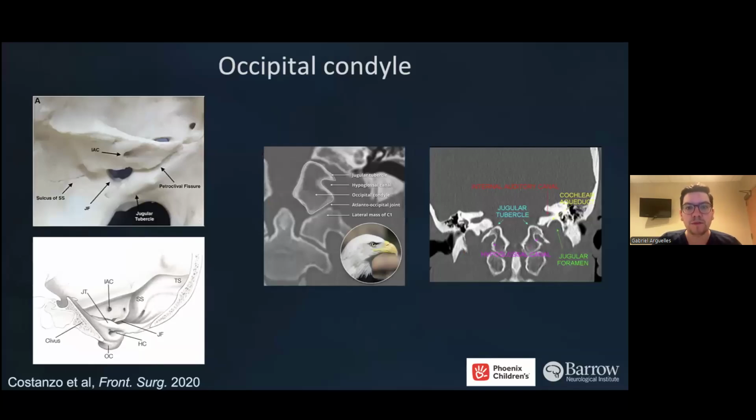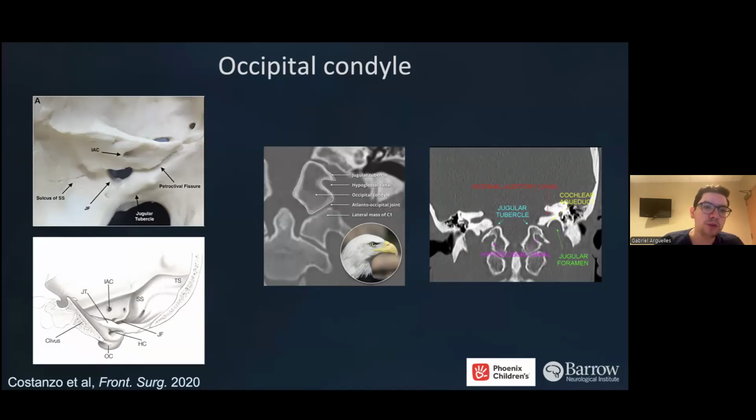So we'll talk about the first part of the craniovertebral junction involved in the joints we'll be discussing, and that is the occipital condyle. Those are the articulating faces of the OC1 junction. It arises from the bottom of the occipital bone.